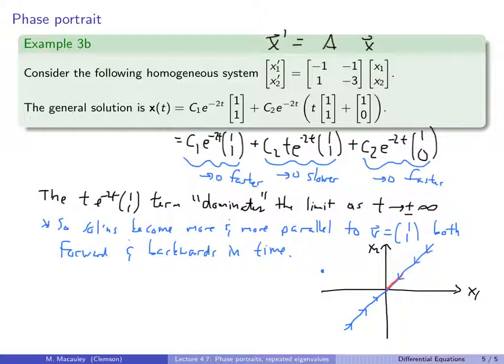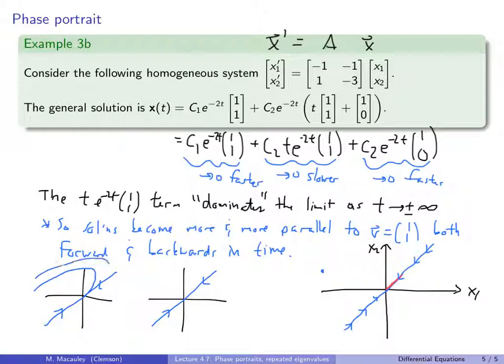So let me sketch what I'm saying here. There's two possibilities, and we're not really sure which one is going to be which yet. One possibility, let me put these arrows in like this, is that these solution curves spiral like this. Again, I haven't proven this, but at least it's believable.